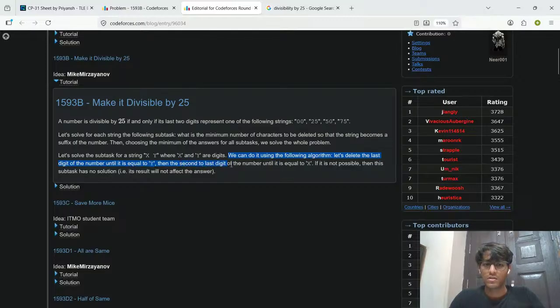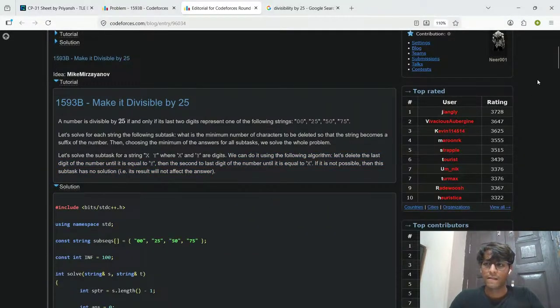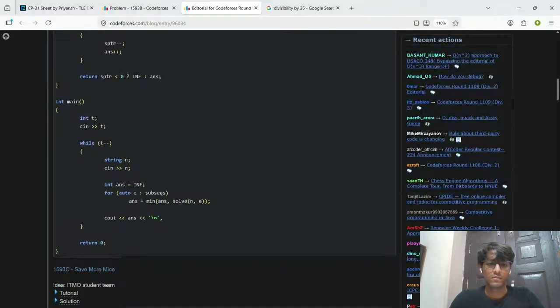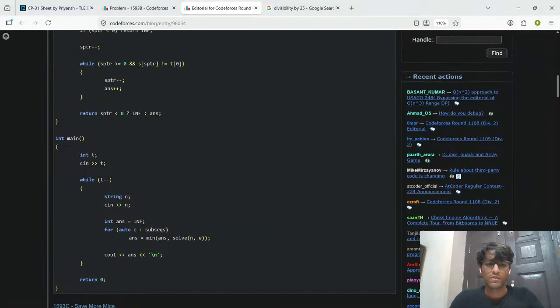Then delete the second to last digit until it is equal to x. If it's not possible, then this substring has no solution, so we do not update the answer. That's what INF means.